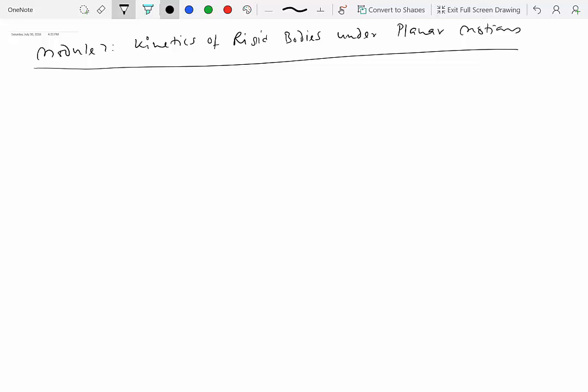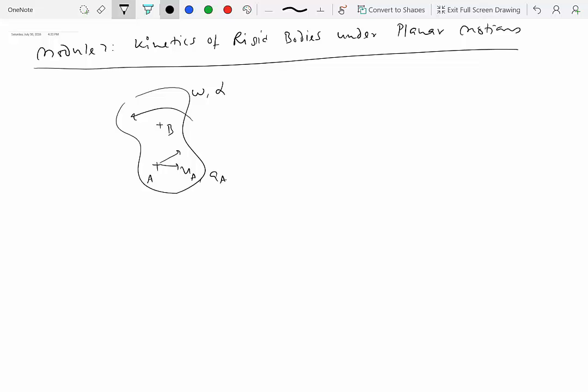So in the previous module 6 we have seen that if you have a rigid body and you know, let's say, the velocity and acceleration of a point A, so velocity could be in one direction, acceleration could be in another direction, and we knew the angular velocity as well as angular acceleration of this rigid body. Then we could find the velocity of any other point on this rigid body as well as acceleration.